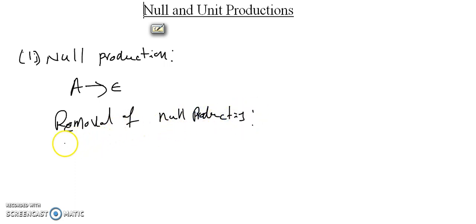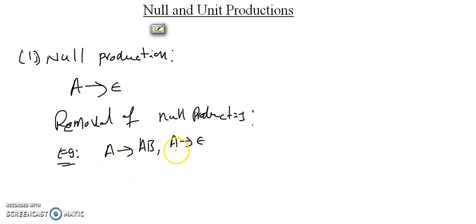So, for example, we have capital A tends to AB as one production and A tends to epsilon as another production. So how to use this null production concept? By using the removal of null production. Here A generates AB.